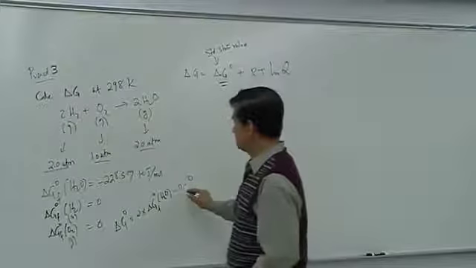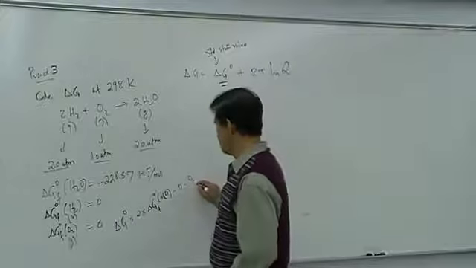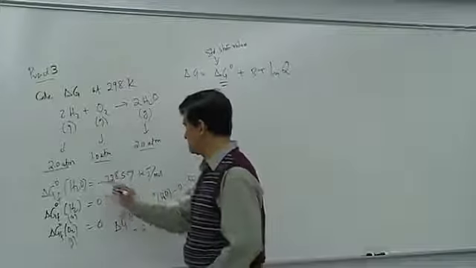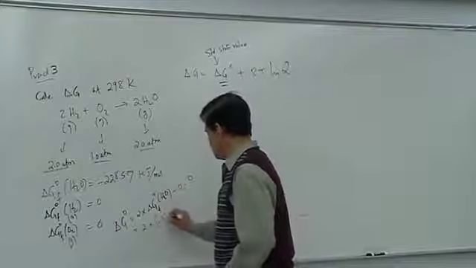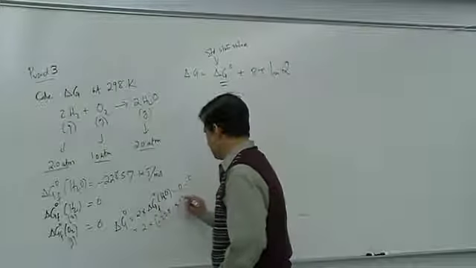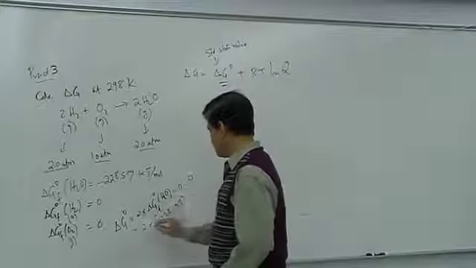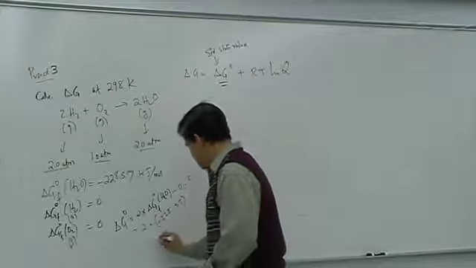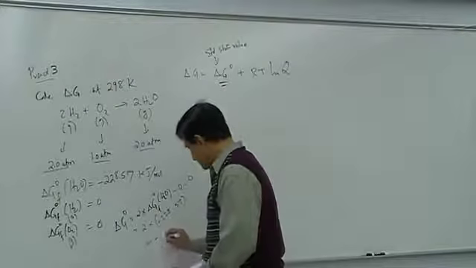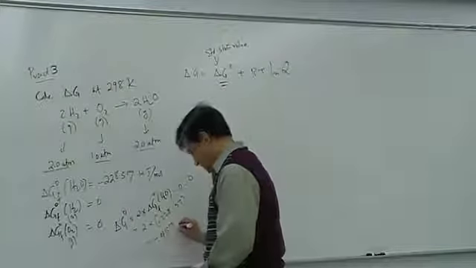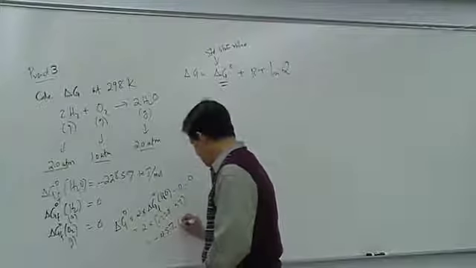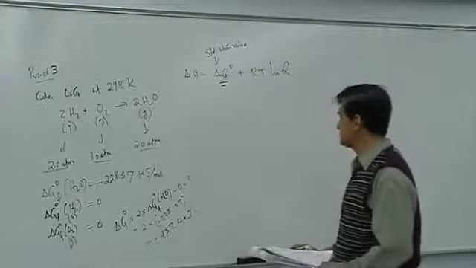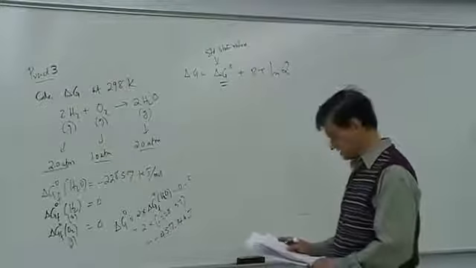So it would be 2 times the value for hydrogen, 1 time value for oxygen. They're all zeros. So now it's going to be 2 times this value, minus 228.57. That's going to be kilojoule because 2 is mole. So let me just write down the final value, minus 457.14 kilojoule. That's the delta G value.